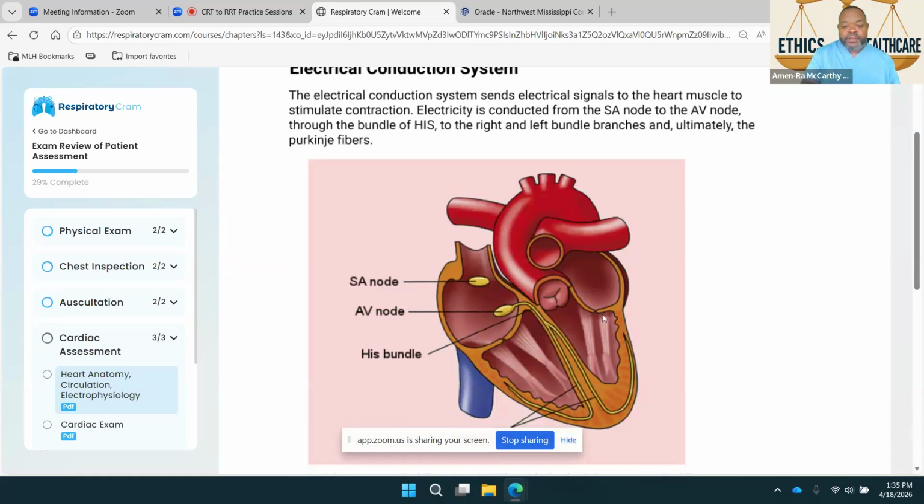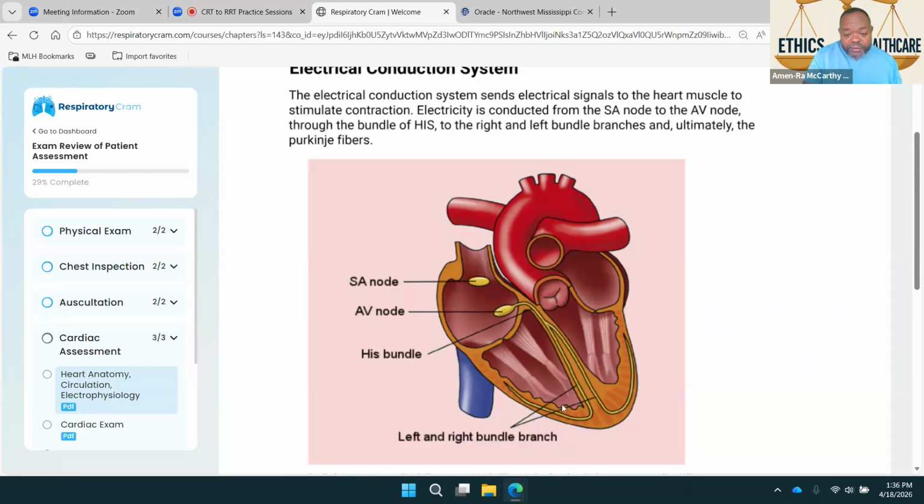So when we're looking right here on the screen, that electrical signal starts at the SA node. The electrical pulse fires from the SA node down to the AV node, and then the bundle of His, and then that branches off into the left and right bundle branches.